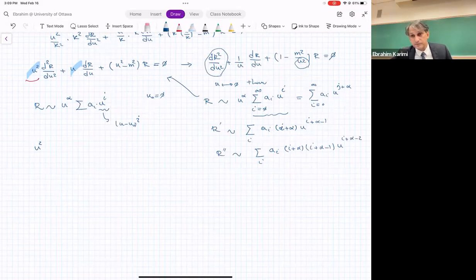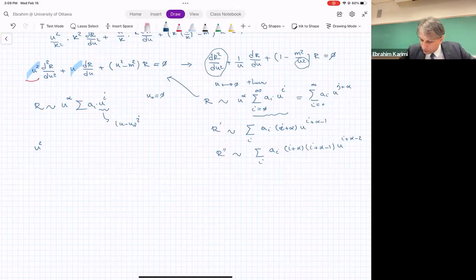All right. So the first derivative has minus 1, the second derivative has minus 2. Remember, the coefficients are multiplied together, which somehow reminds you of factorial or gamma functions, which we will discuss later on. So now let's substitute it here.